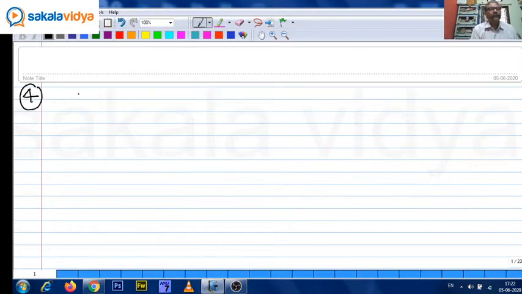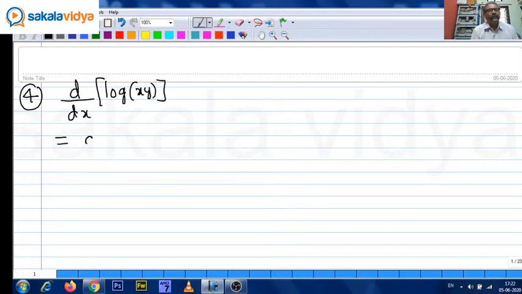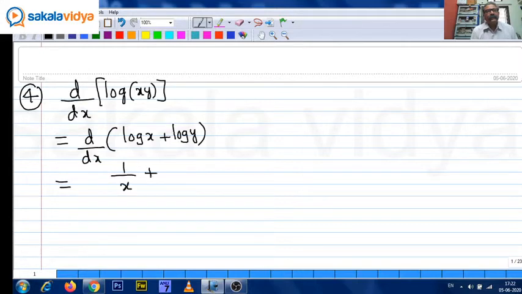Fourth, d by dx of log xy. See, this we can write d by dx of log x plus log y. What is the derivative of log x? You can write 1 by x plus 1 by y dy by dx. Now cross multiply.